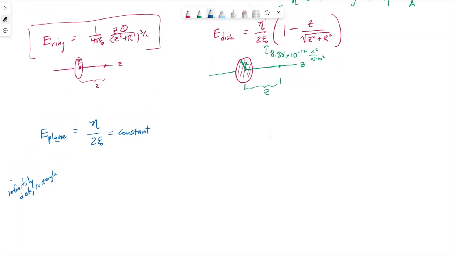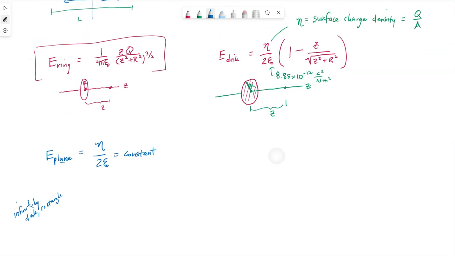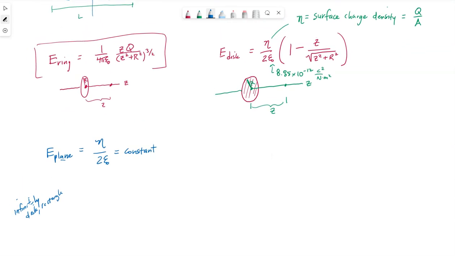In fact, if we look at the equation for the disk and we plug in saying that r is much, much greater than z, the second term in the disk equation is going to go to 0 because that denominator is going to be very, very large in comparison to z. And that's how we end up with this eta over 2 epsilon naught.